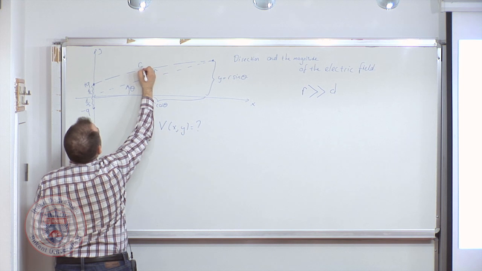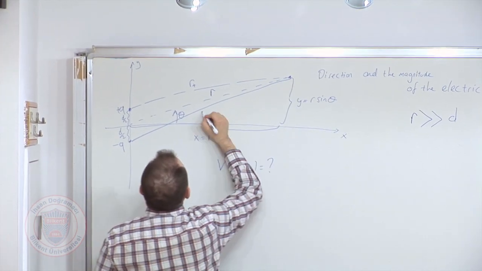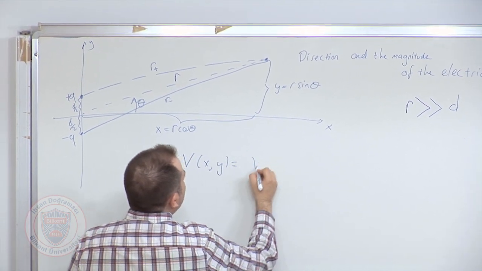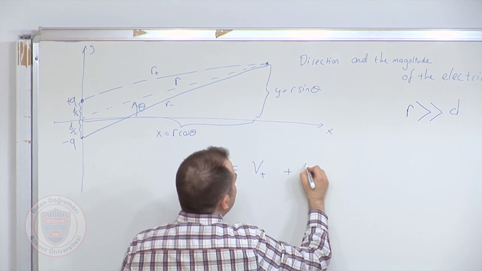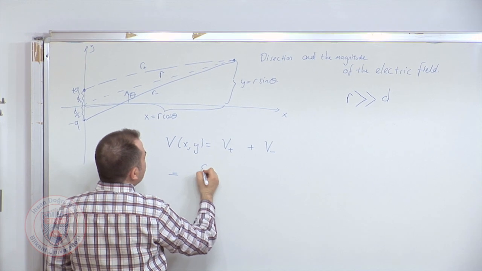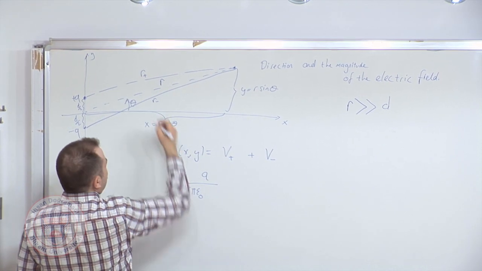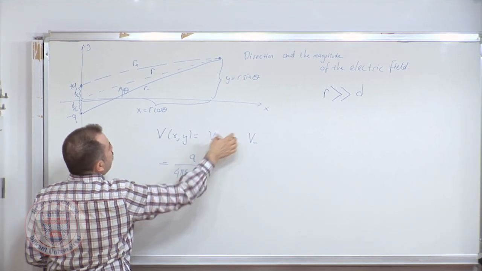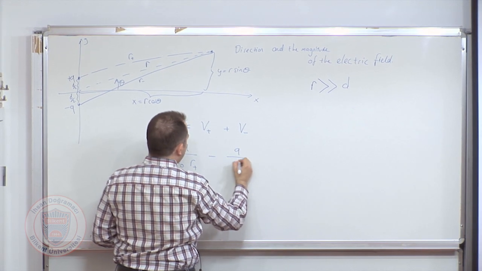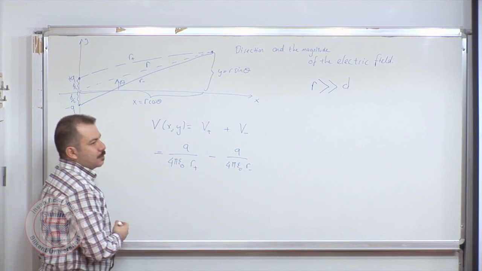Let me call this r plus and this r minus. This is going to be the potential created by the plus charge plus the potential created by the minus charge. Plus charge potential will be q over 4 pi epsilon 0 r plus. Potential created by the minus charge will be minus q over 4 pi epsilon 0 r minus.